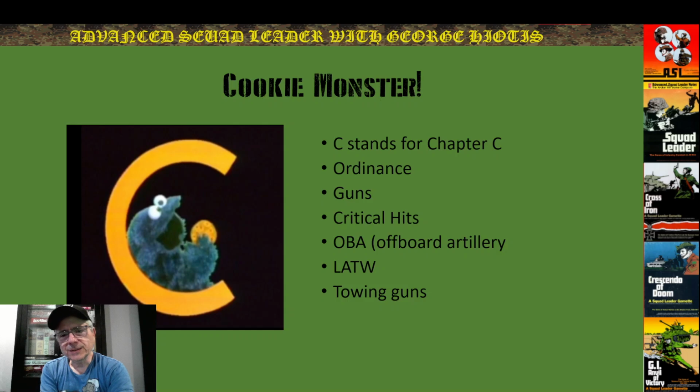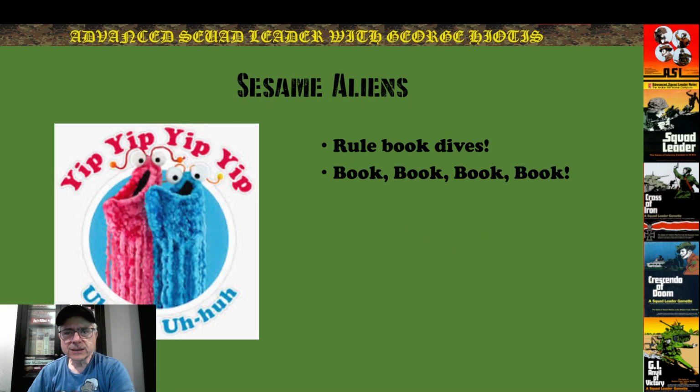From time to time, we have to review the book, and that brings me to my next point. My next point is the Sesame Street aliens. Yip yip yip yip. So what do they represent? Rulebook diving. Remember when they first come to Earth with a little alien ship, and they come out and see an object, and what do they do?